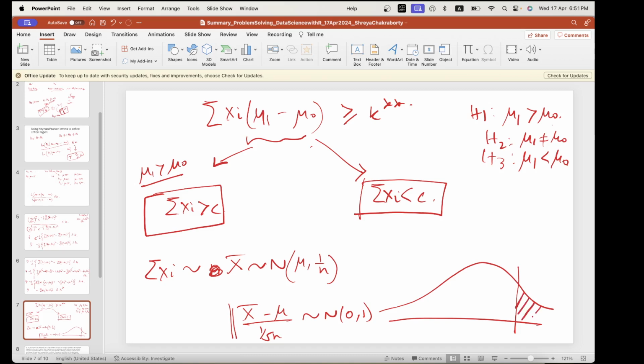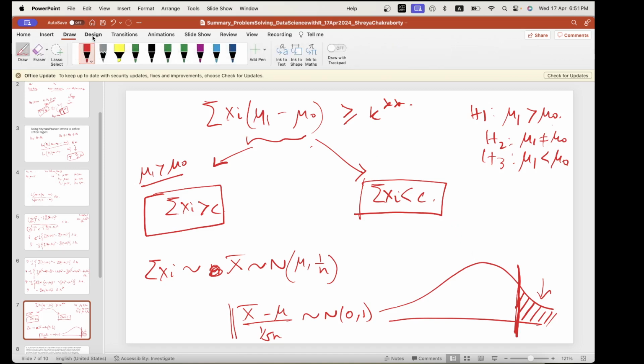That if it is too extreme, if it is falling in this region where the area, let's say it falls in this region, I'll draw it with a different color. This is your T observed, okay? So T observed is falling in this region such that the probability that the T statistic is greater than wherever your T observed falls, that is this area on the right, is less than 0.05.